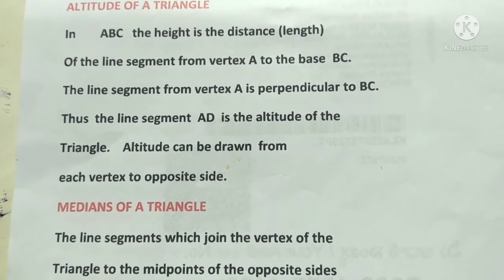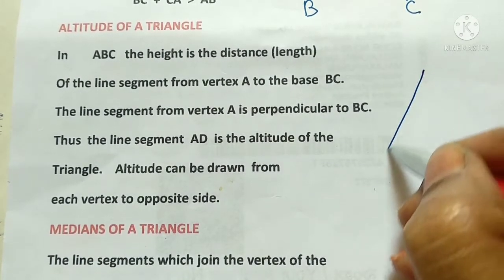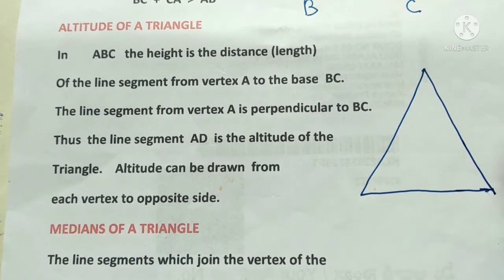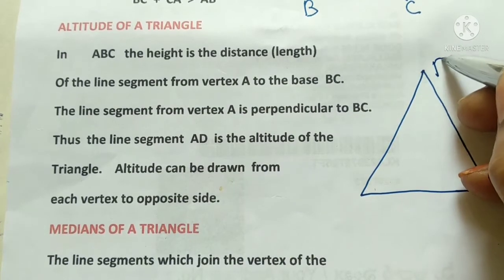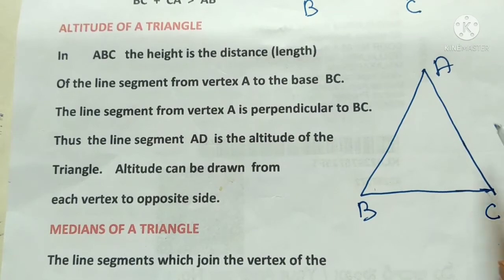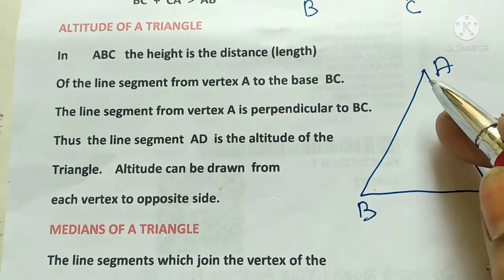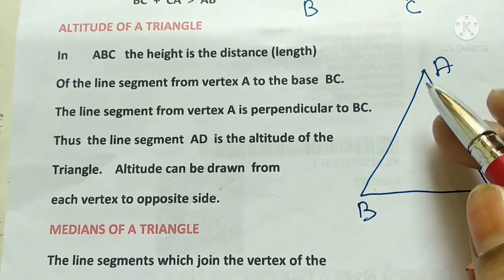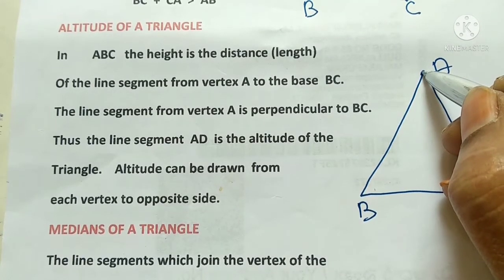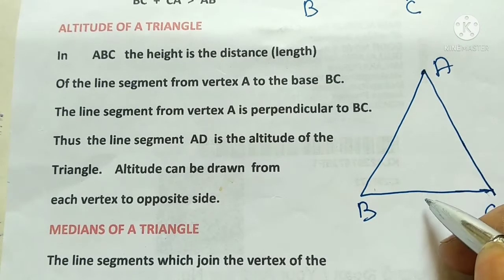What is the altitude of a triangle? Let us consider a triangle ABC. The height means the distance of the line segment from the vertex. Here I am considering this A as the vertex and the side opposite to this vertex.